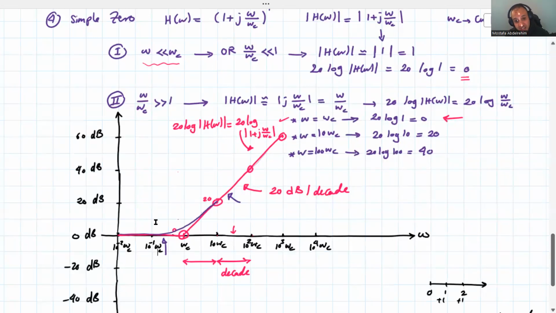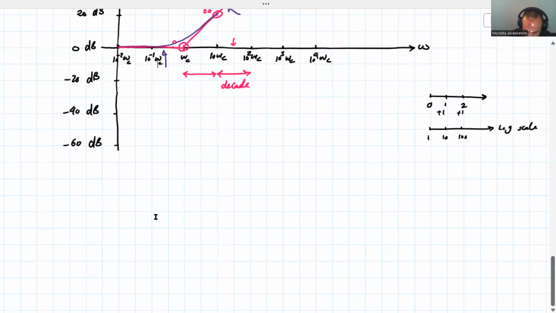Okay, now what's going to happen if we have an exponent? Number 5. If we have an exponent, if H of omega equals 1 plus j omega divided by omega c, to the power of n.